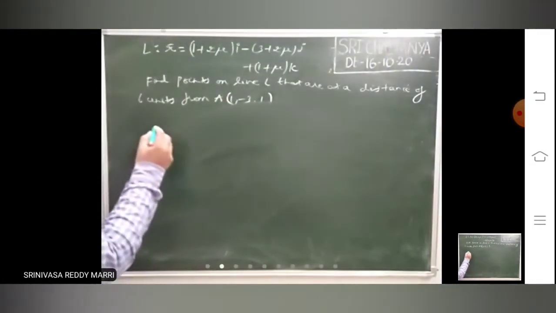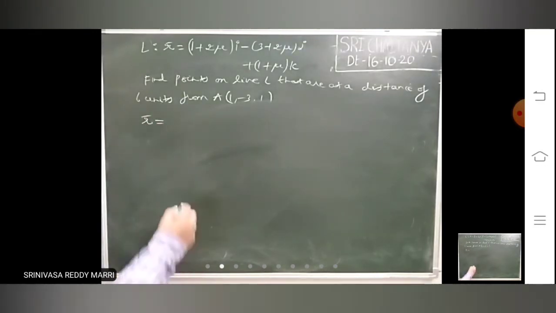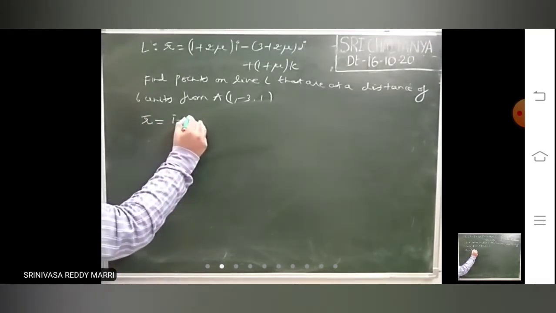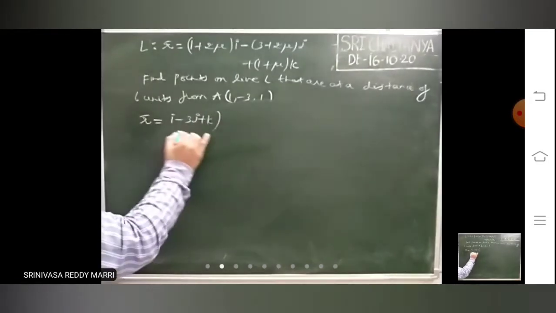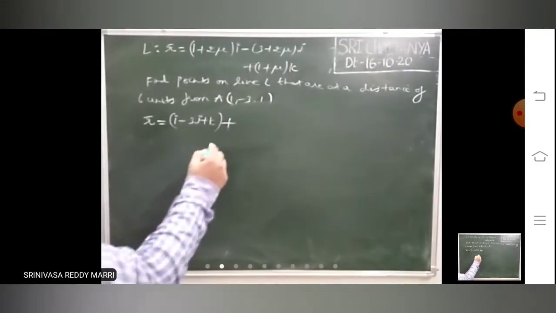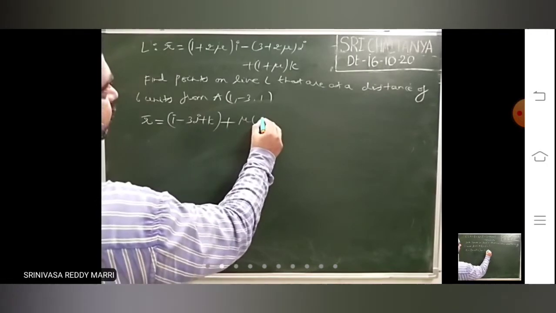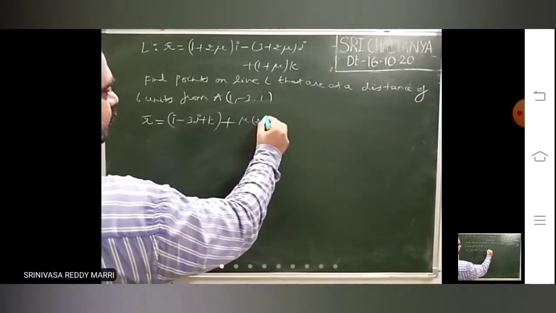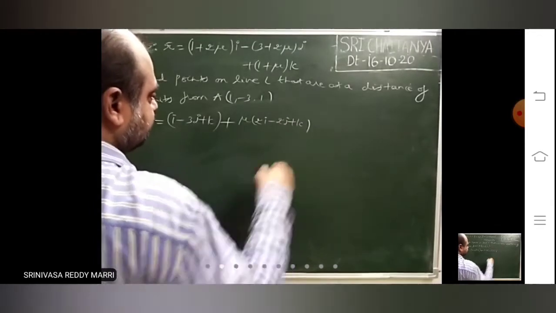So first convert into standard form. R bar equals i − 3j + k + μ(2i − 2j + k).